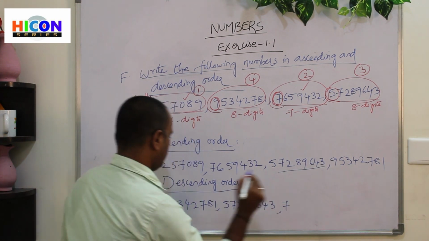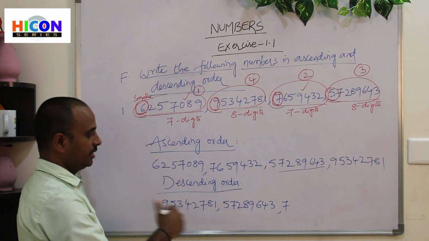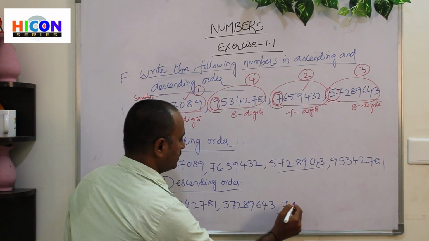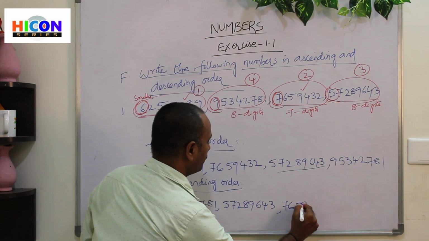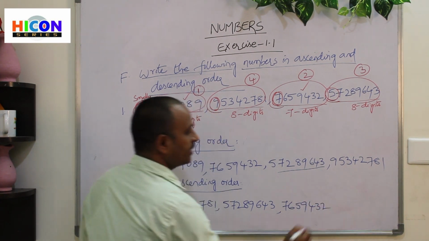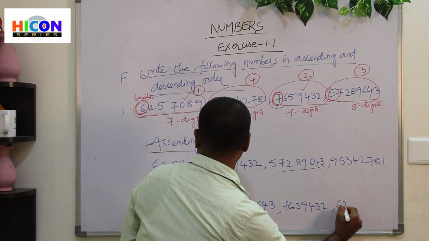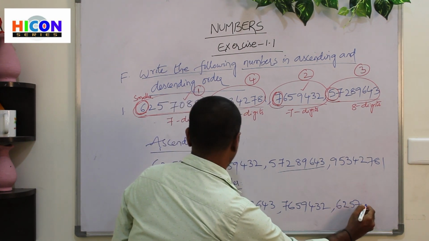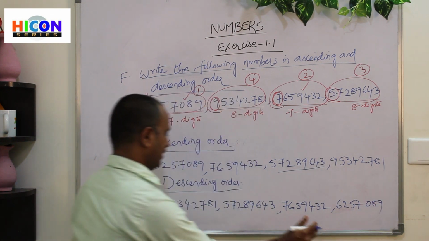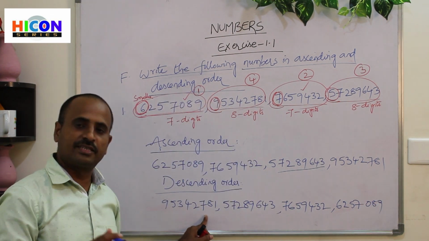The third greatest number is 76 lakhs 59,432, and the last number is 62 lakhs 57,089. So children, this automatically becomes the descending order.